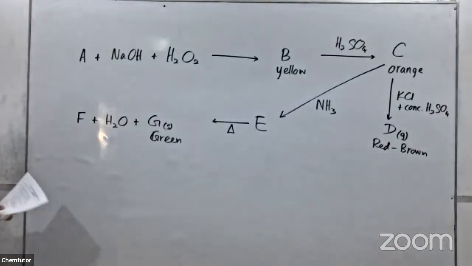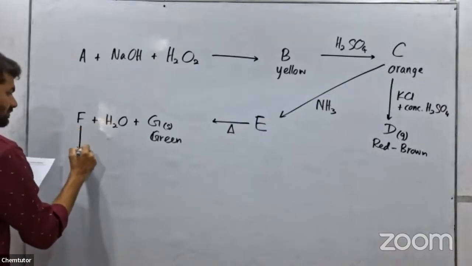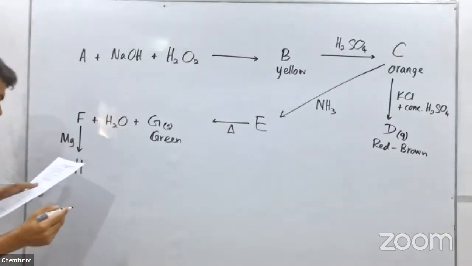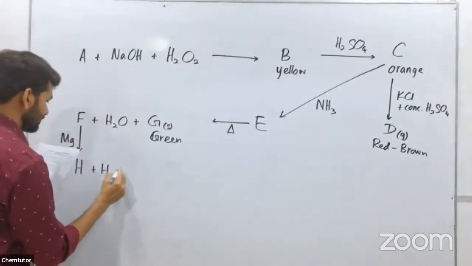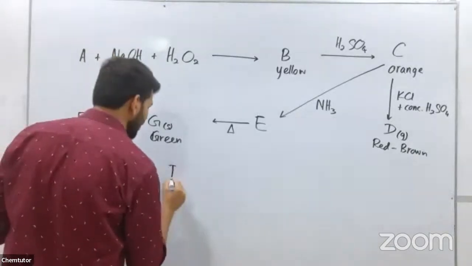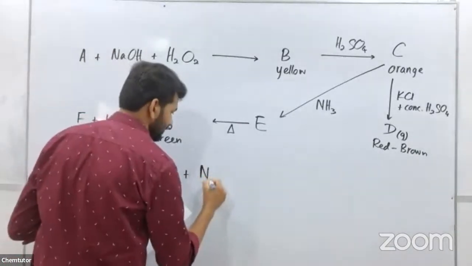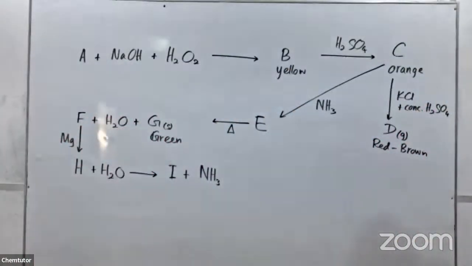Then F with magnesium gives H. And H with water gives I and ammonia. It has to be NH3.